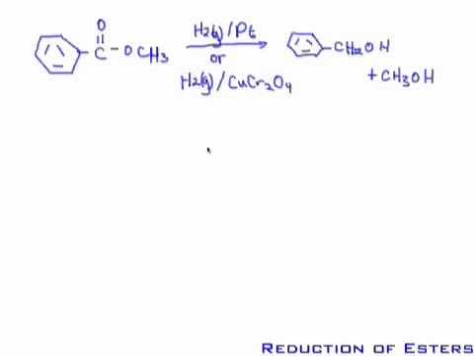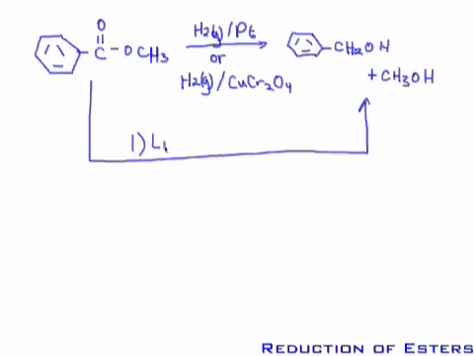Reduction with metal hydrides can also lead to the same products. If I use lithium aluminum hydride, which is often reacted in ether, in step 1, and then add H2O or acid, I can destroy the aluminum.